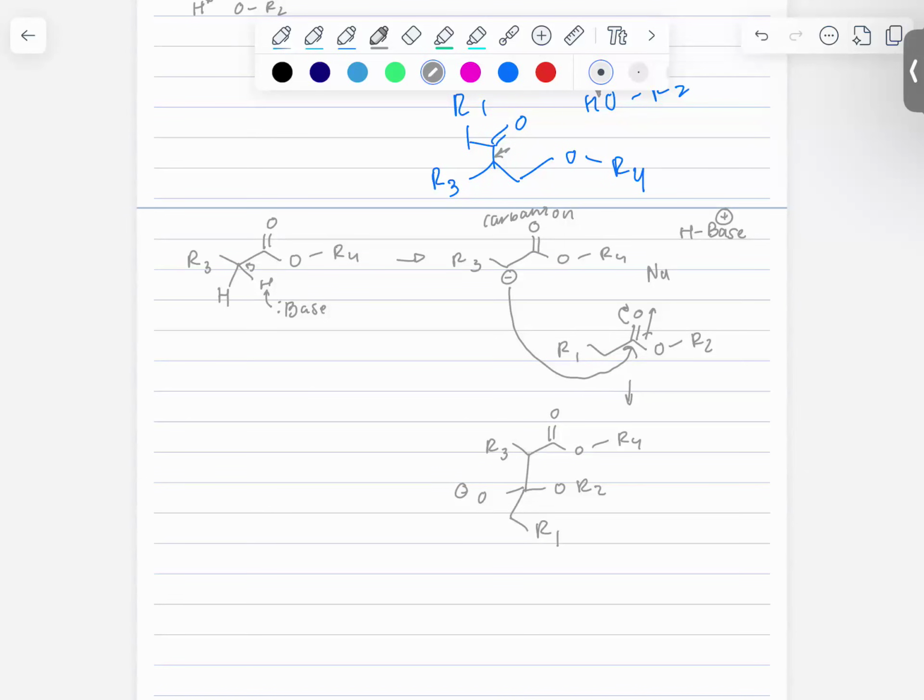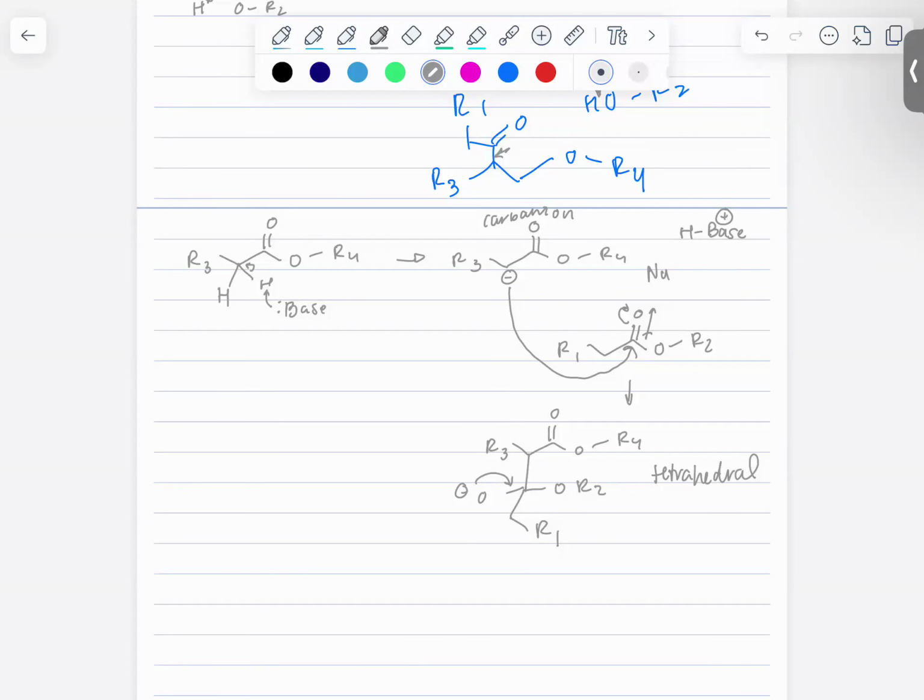What kind of intermediate is this? And what happens to tetrahedral centers? Are they stable or unstable? Unstable.